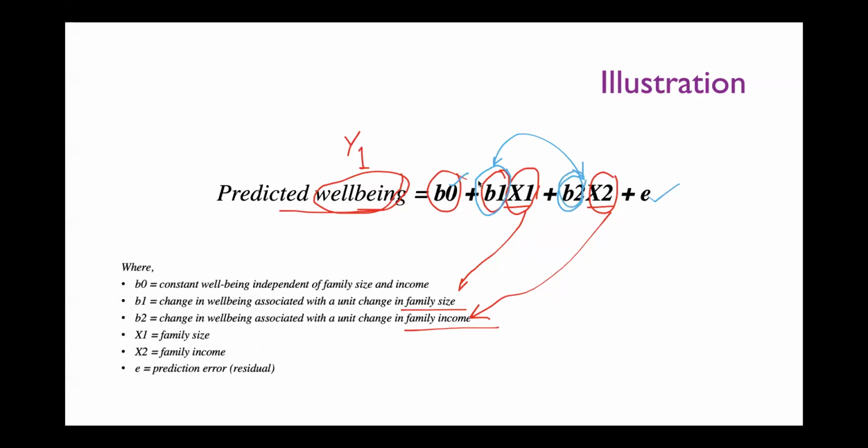I'm more interested in the beta coefficients. Tell me what percentage of family size, that is X1, is defining well-being, and what percentage of family income, that is X2, is defining well-being. Right? So मैं B1 और B2 में ज़्यादा interested हूँ, and that is what regression analysis helps me to understand.